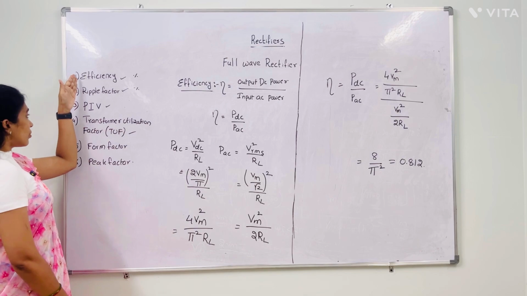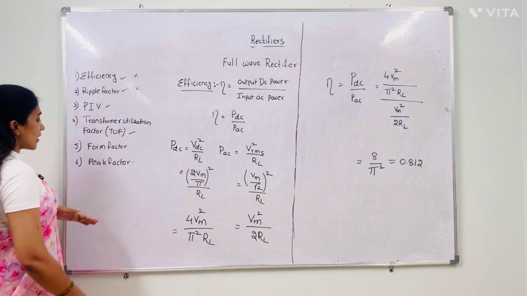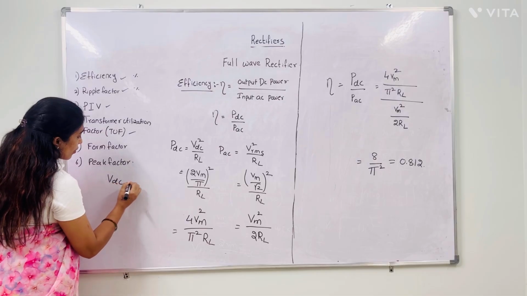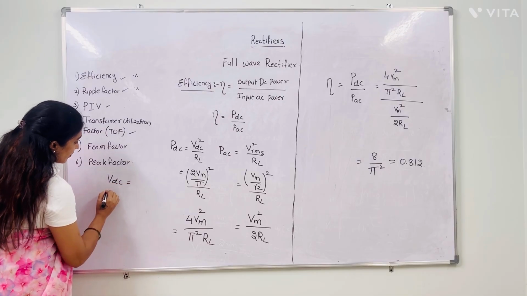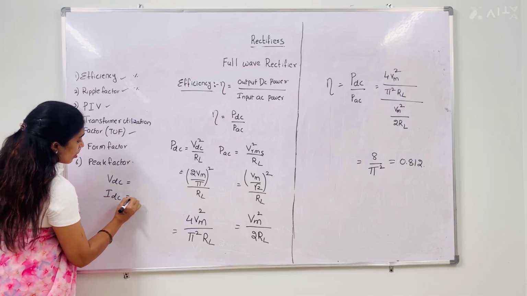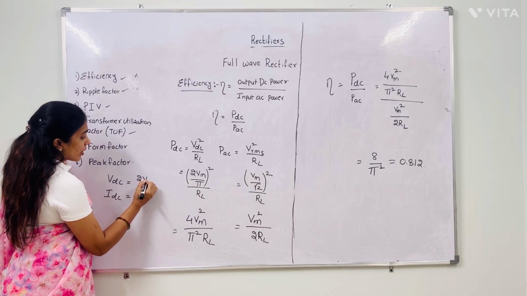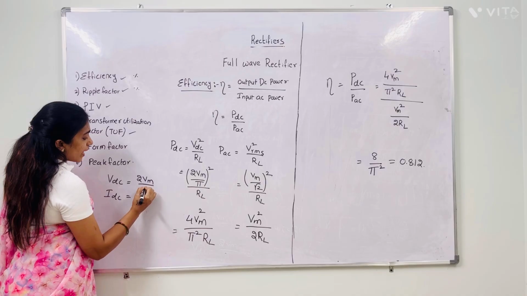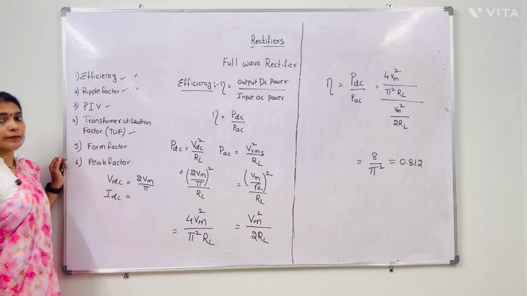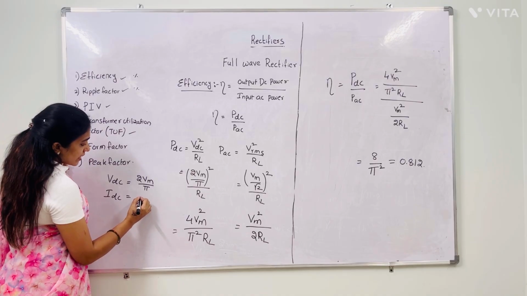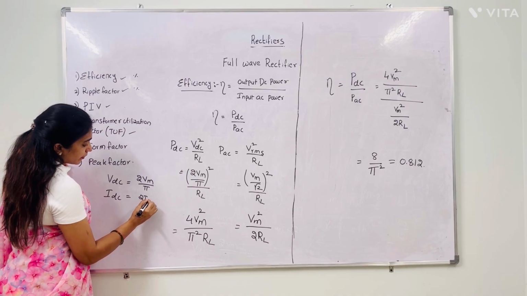Before going to calculate all these things, we already found the DC values of voltage and current, the average voltage and current. The average voltage formula is 2 Vm by pi. The average current value is 2 Im by pi.